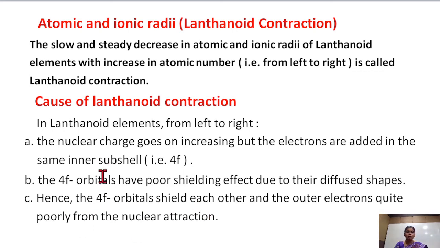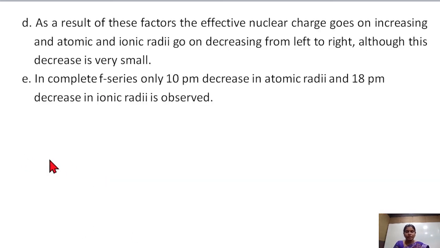So, these are the causes of the lanthanoid contraction. As a result of these factors, the effective nuclear charge goes on increasing and atomic and ionic radii go on decreasing from left to right, although this decrease is very small.